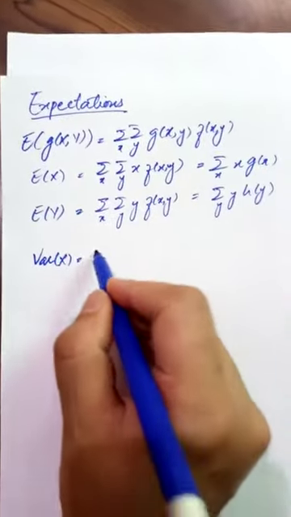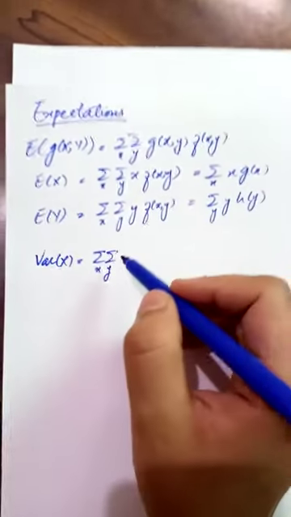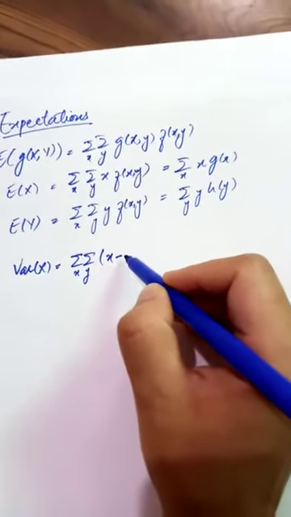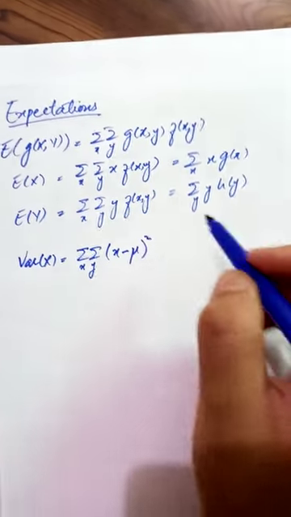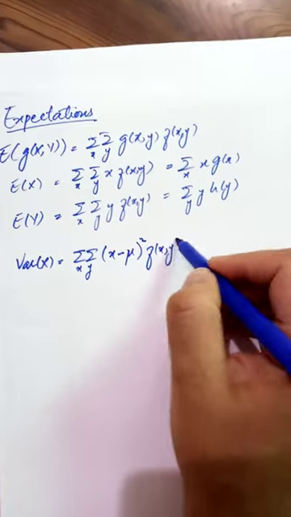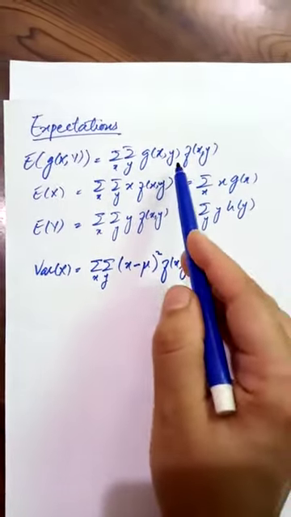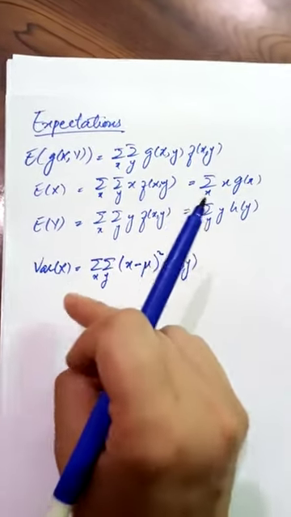We will simply write a double summation over x, y. So for variance, what we had to do was subtract the mean from x, square it, and multiply by f of xy. So this is our general formula. We replace g of xy by (x minus mu) square. Then we get the variance of x.